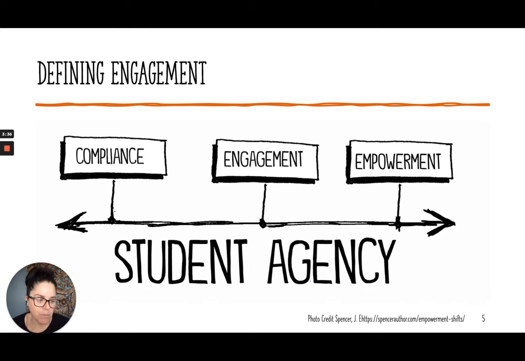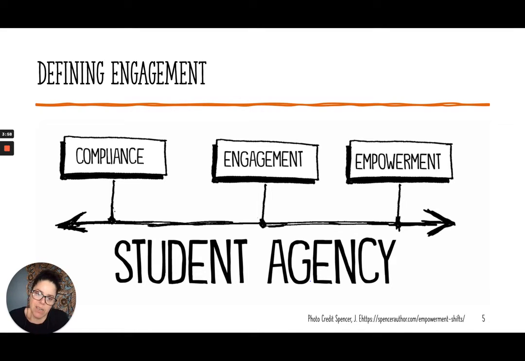Just the term engagement implies teacher initiated, and it makes it feel like it's the sole responsibility of the teacher to engage students. However, we know that there's reciprocity in that.